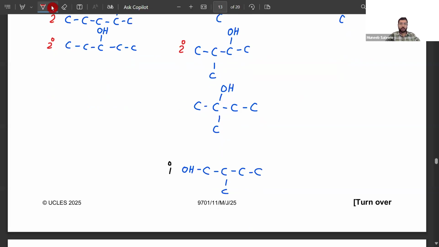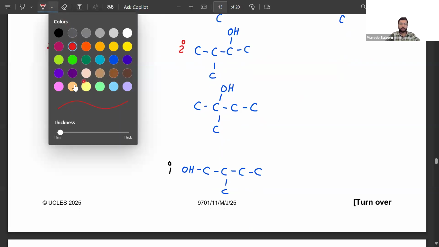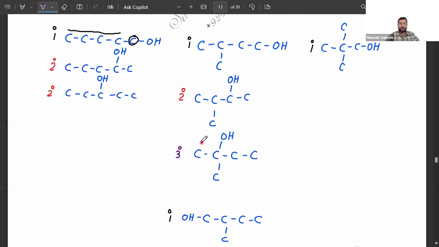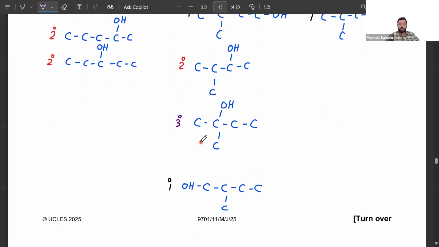And then this one, the last one, it has the OH that is bonded with that carbon, which is bonded with 3 more carbon atoms. This carbon is bonded with 3 more carbon atoms, so that's why I will designate it as a tertiary alcohol. Now you can count how many tertiary alcohols there are.